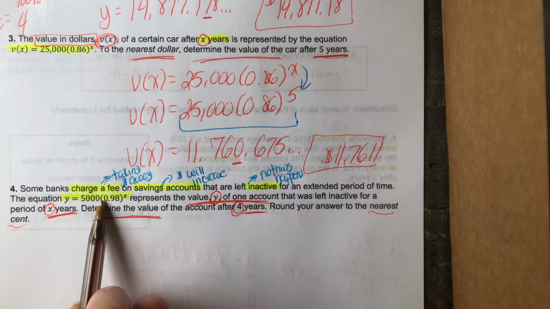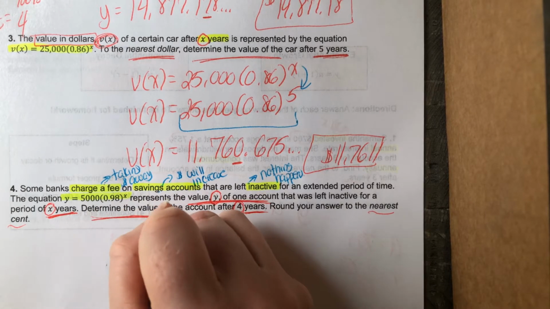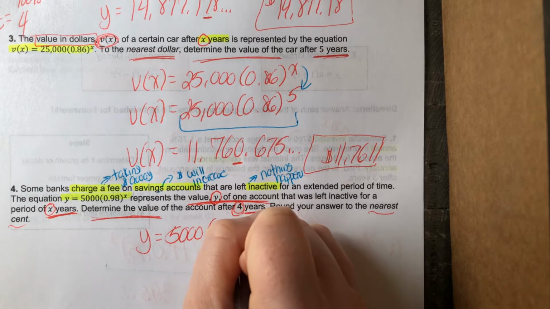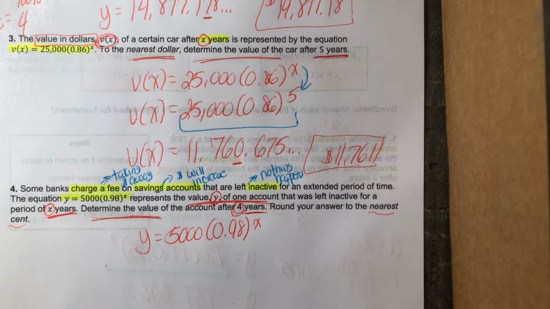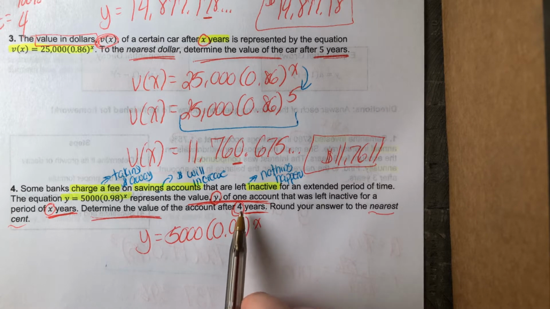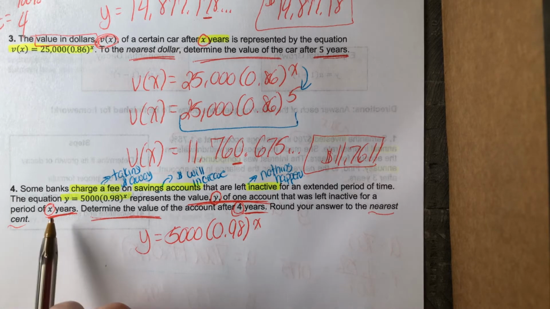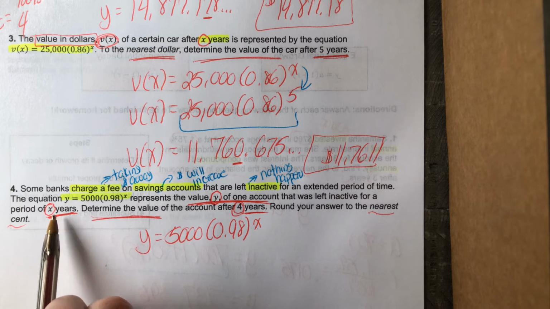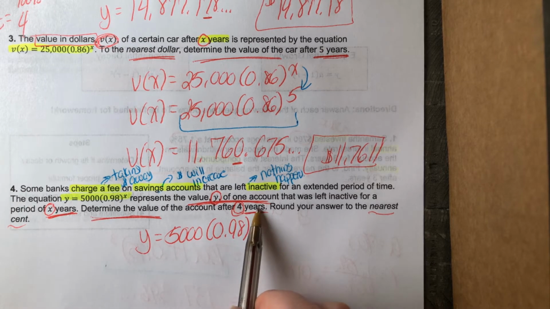So since they give me the formula, I'm going to start by just rewriting it. Y equals 5,000 times 0.98 to the x. The only variable I can plug in for is x. If the question asks me after 4 years, I'm just going to look back. Well, if x is years, and it is, I'm good to go. Instead of writing x years, I'm going to write 4 years.